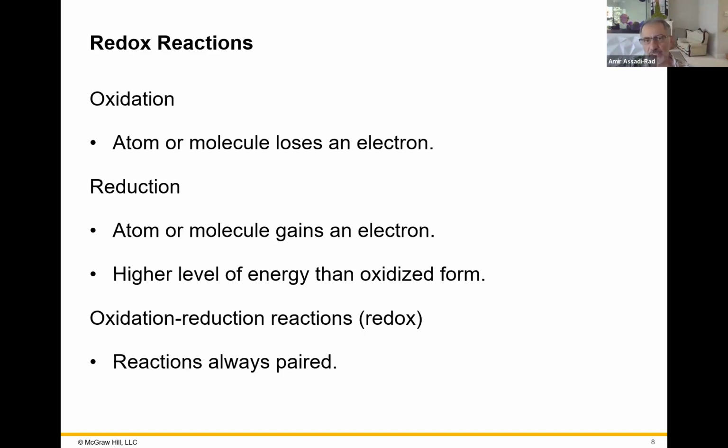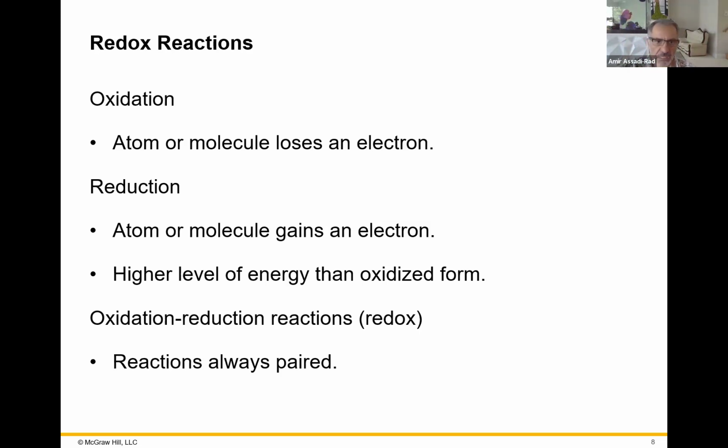Opposite of oxidation. It has a higher level of energy than the oxidized form. You remember sodium and chloride at the beginning of the semester? Sodium loses an electron, so sodium is being oxidized, and chlorine is being produced.